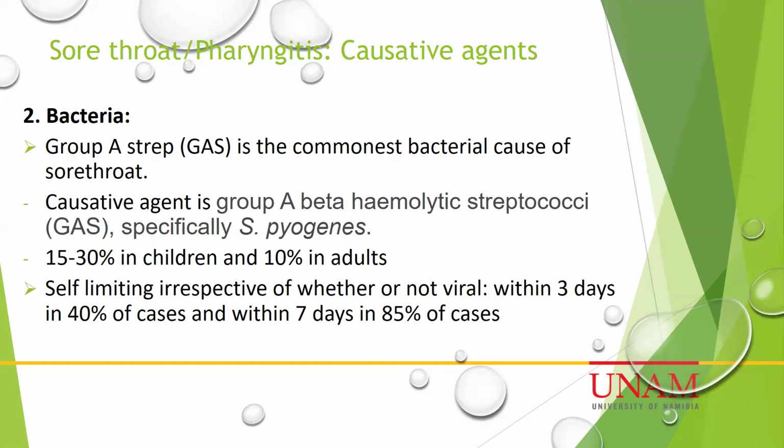All right, the GAS infection, that is group A streptococcus infection, is self-limiting irrespective of whether it's children or adults. Within 3 days, in 40% of cases, the effect wears off, and in 85% of cases, within 7 days, the symptoms should have waned. All right.